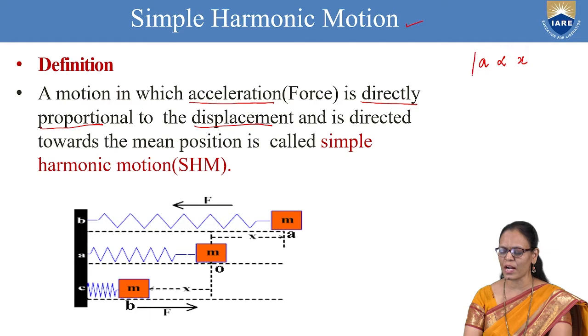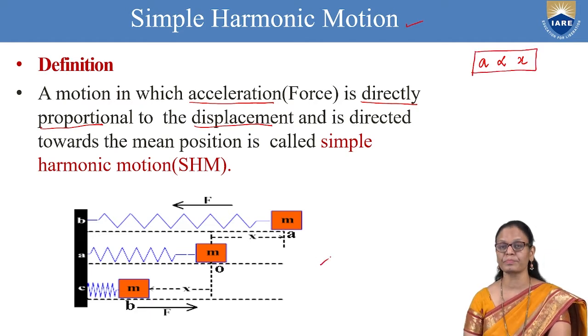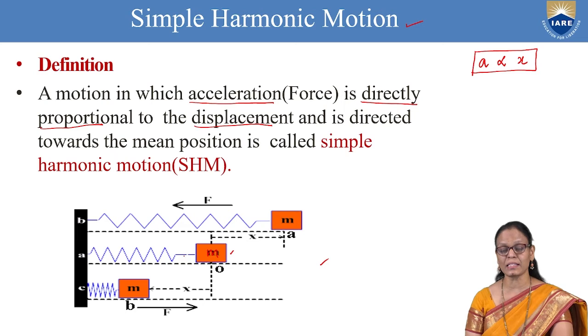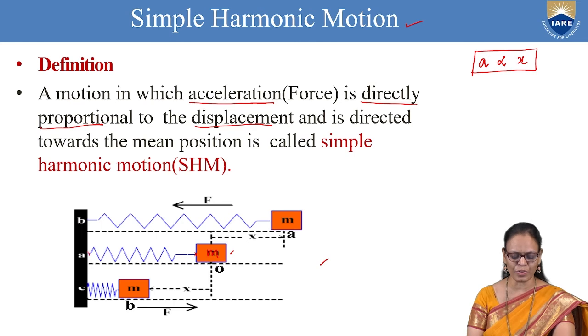So let us first understand this phenomenon with the help of this diagram. In this diagram, what we see here is a block of mass M, and a spring is attached to this mass. One end of the spring is attached to the mass and the other end is put to a fixed support. So this is a fixed support.